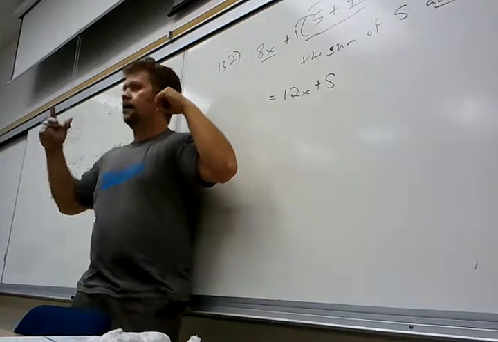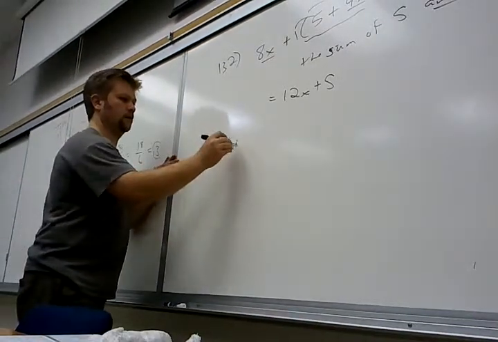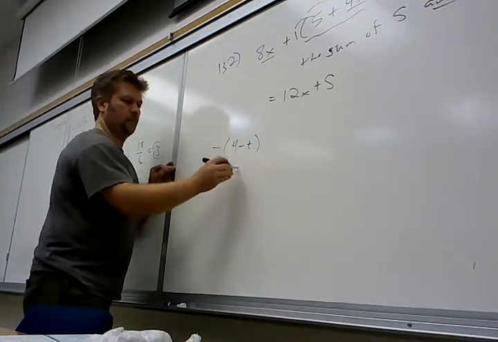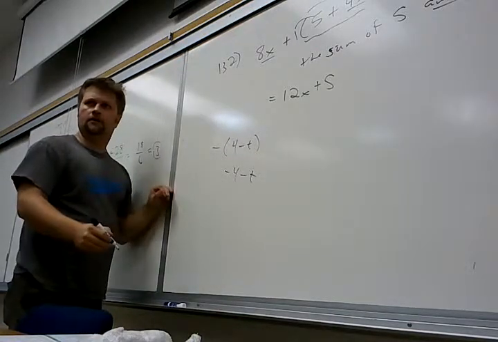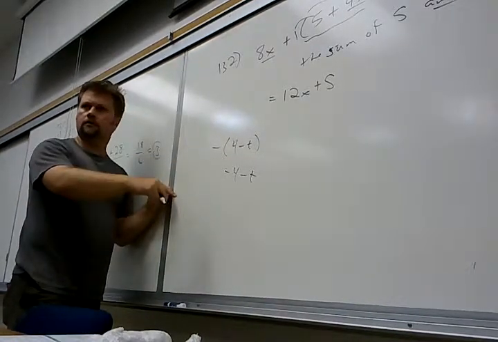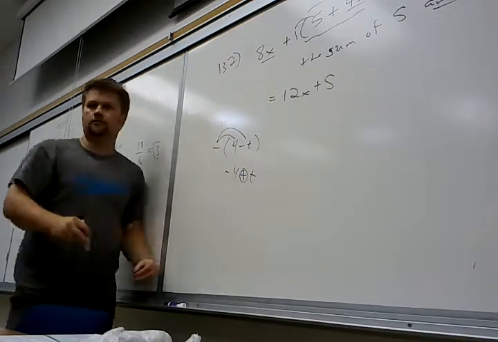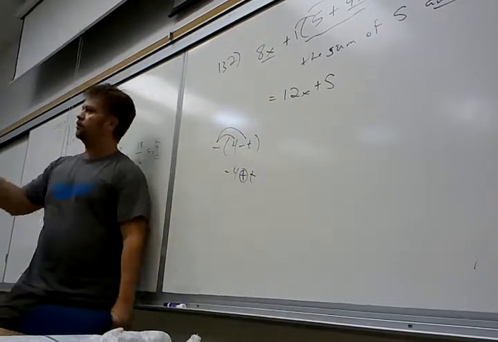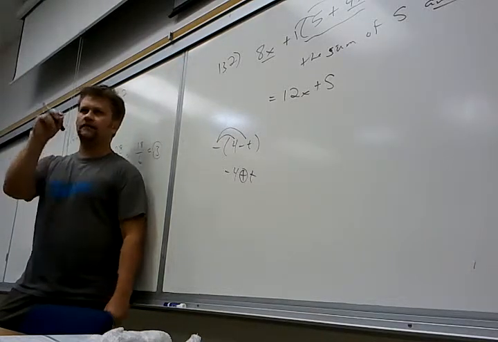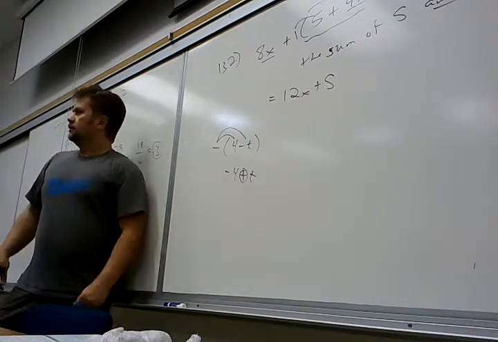I did see a little too much of this, though. I saw something like this, and then it became -4 minus t. What was the mistake? Plus t. Negative times 4 and negative times negative t should be plus t. So be careful. That negative's got to distribute to both pieces. Negatives always get us.